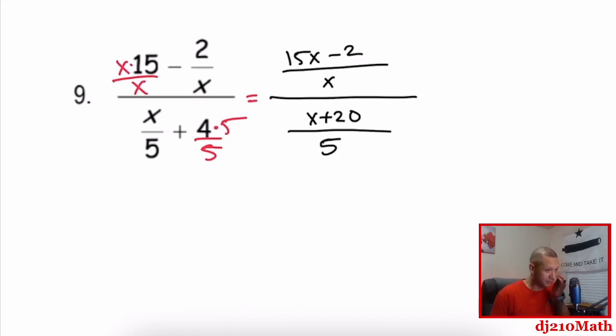Okay, compound fraction. Fractions inside of fractions. We keep the top fraction. We change it to multiplication. And we flip the bottom. So this is going to be 5 over x plus 20.